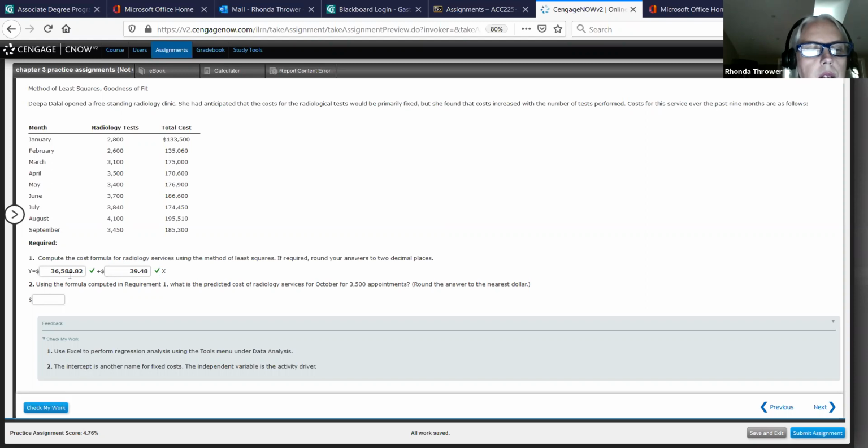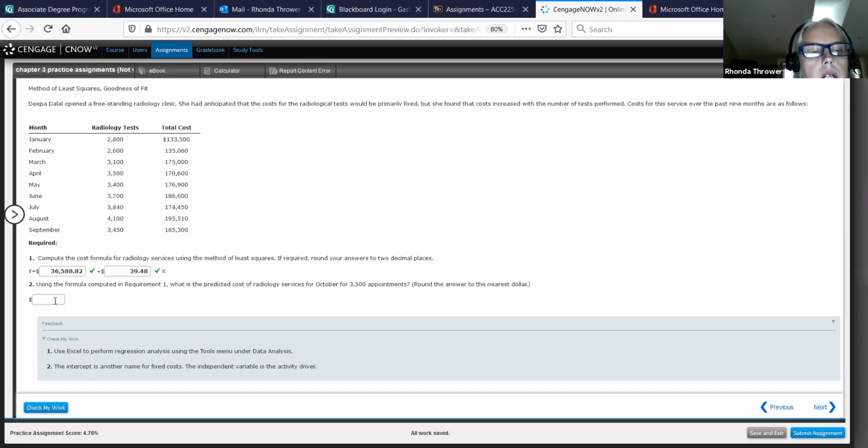Fixed cost is usually represented with an F. It is the intercept for the least squares method, and the variable cost per unit times the number of units produced, or the number of tests that we made, will give you the variable cost total. Once you have your fixed cost and your variable cost total, add them together, and that would give you your total cost.